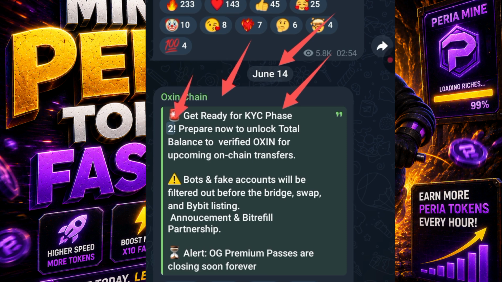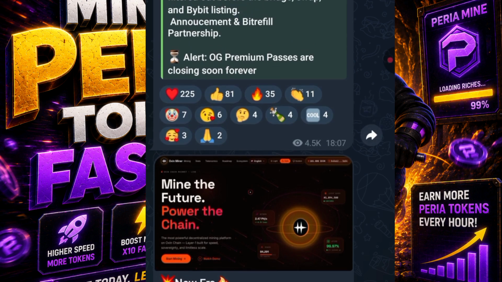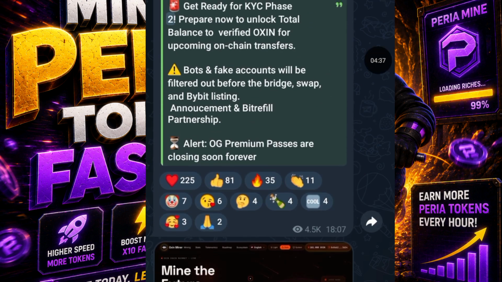Prepare now to unlock total balance to verify Oxin for upcoming auction transfer. So this, small as it seems, I think a lot of people do not know it is very important. And you can see here they say new era. So this Oxin balance, this total balance that they are telling you they will move to verified balance, is it this verified balance that you'll be able to transfer to your Oxin wallet?